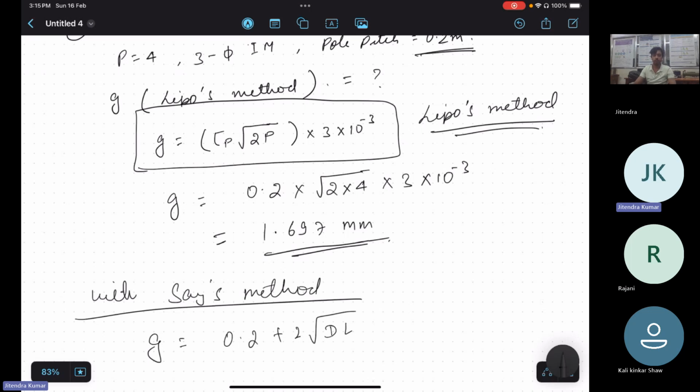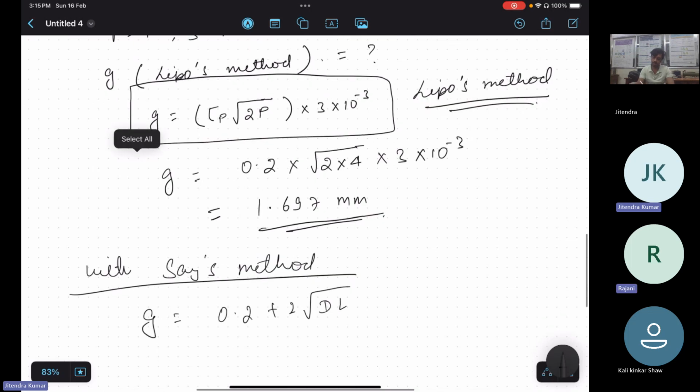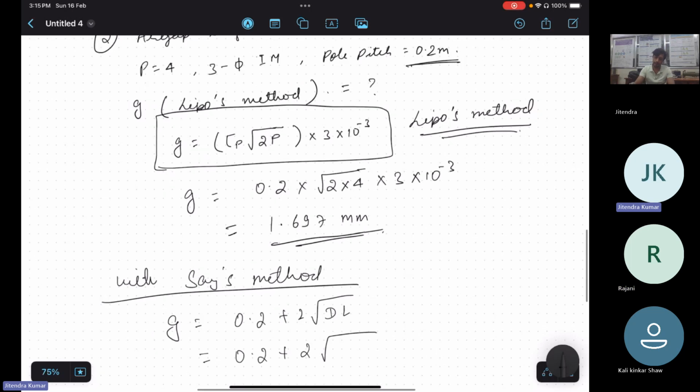So how much will it be? Pi d by p equal to 0.2, number of poles divided by p.